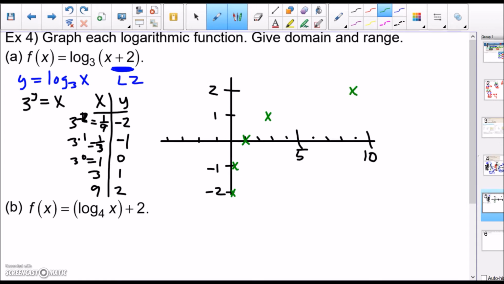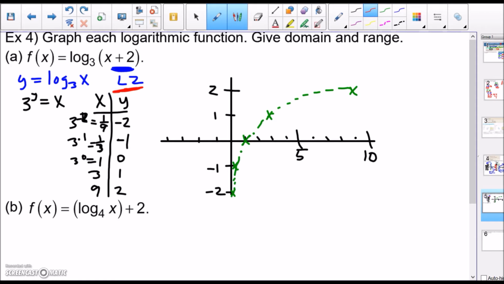Now the reason I put X's there instead of dots, no big deal. I just wanted to remind myself that that's not really the graph that I'm trying to draw. Okay, that's my parent function, and I have to remember that I'm shifting this thing to the left by 2.